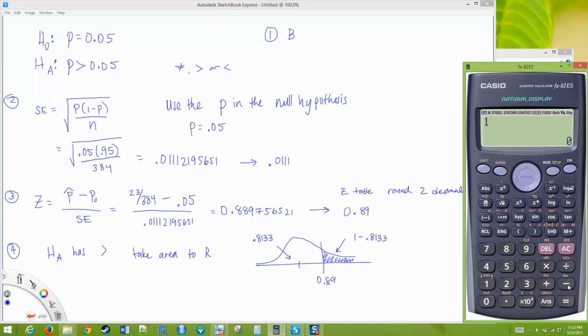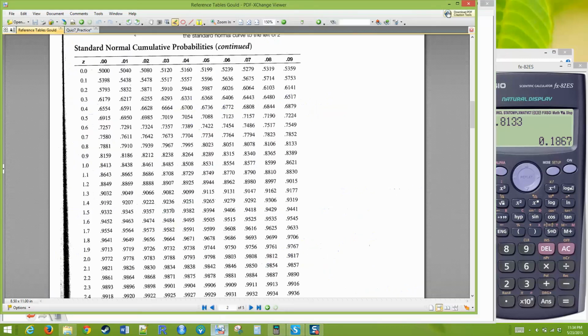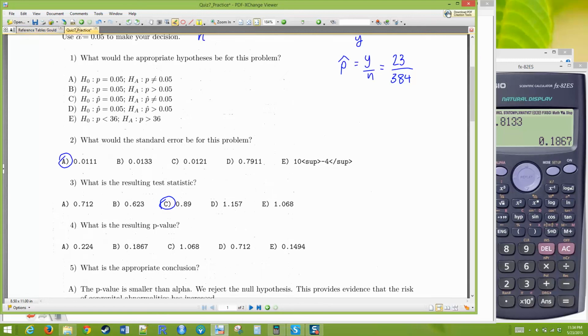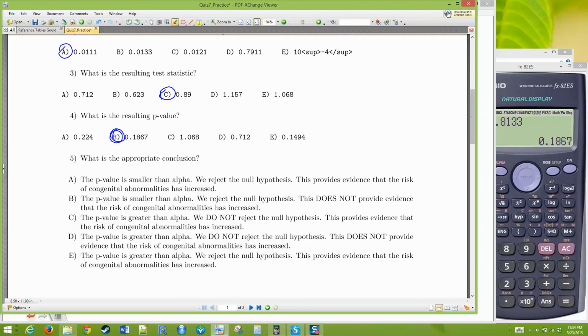Okay, so let's do 1 minus 0.8133, and I get 0.1867. So my tail area over here is equal to 0.1867. And so the answer choice there is answer choice B, 0.1867.